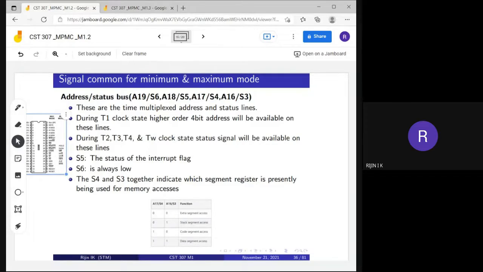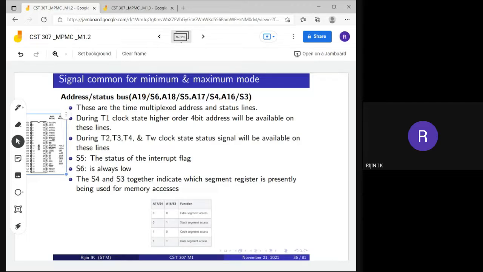In that, 16 signals are transferred through AD0 to AD15, which we have already studied. The remaining 4 bits are carried by A19, A18, A17, and A16.